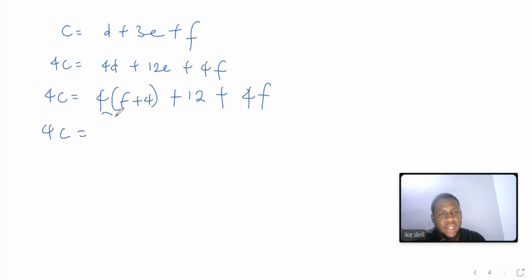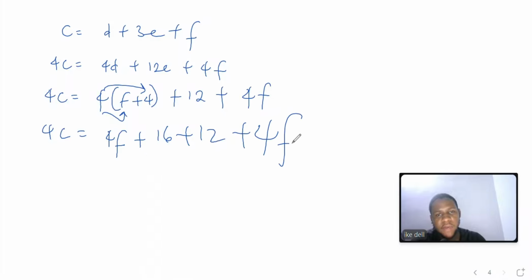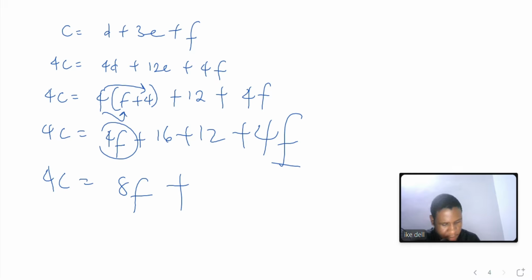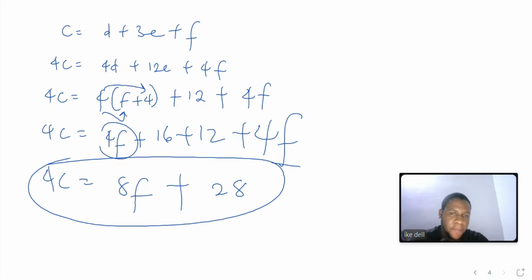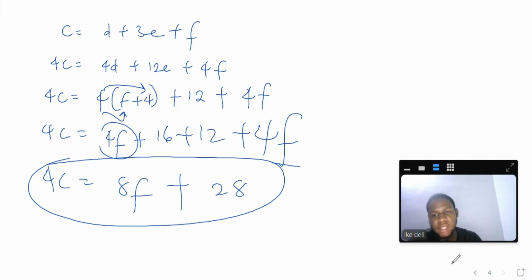So 4c is actually 4f plus 16 plus 12 plus another 4f. So 4c is actually 8f plus, what's 16 plus 12? 28. So that's what 4c is. It's 8f plus 28.